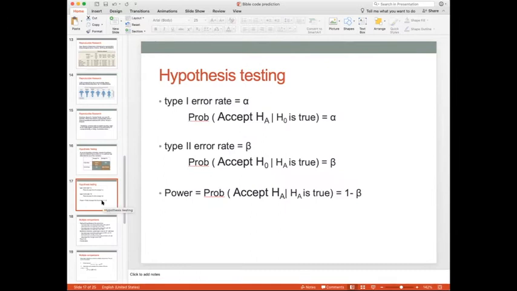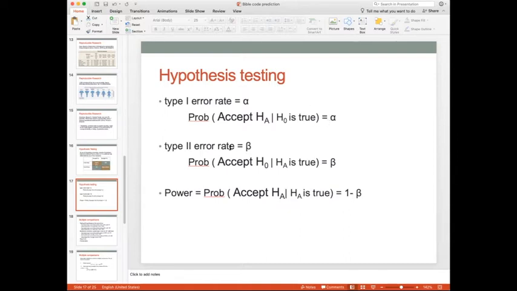Here the type 1 error rate is alpha, usually 5%, which is defined as the probability of accepting the alternative hypothesis when the null hypothesis is true. The bar here is conditioning. So this probability is alpha.